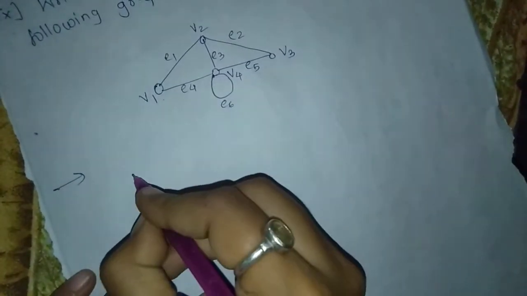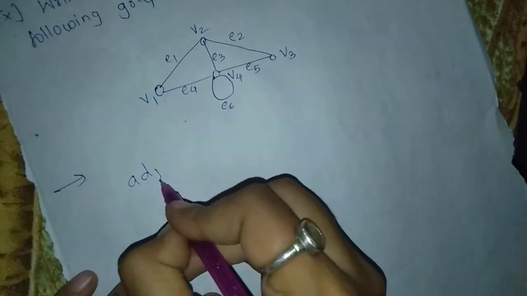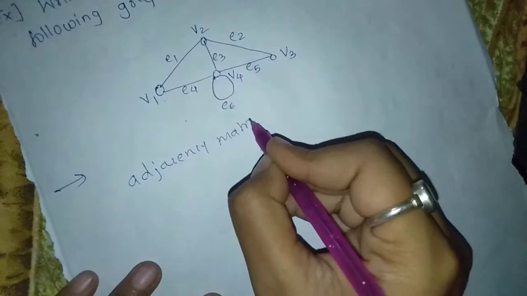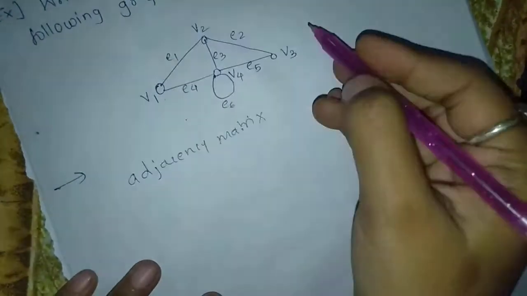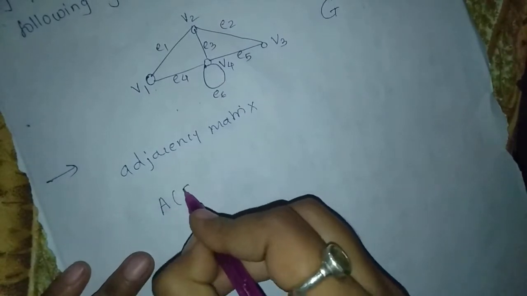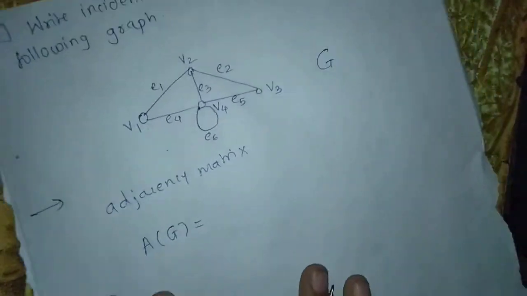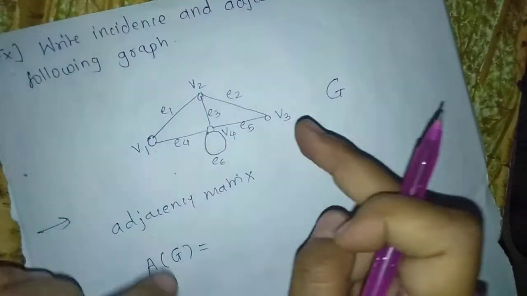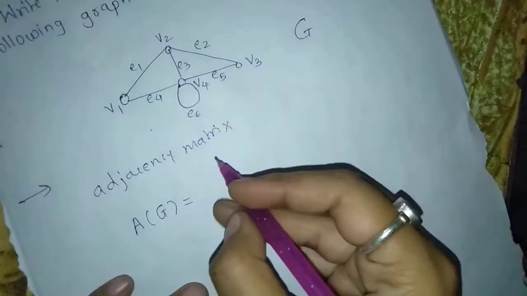First, the adjacency matrix of this graph. Suppose this graph is G, so the adjacency matrix is A of G. Here you can see that V1, V2, V3, V4 are the four vertices.